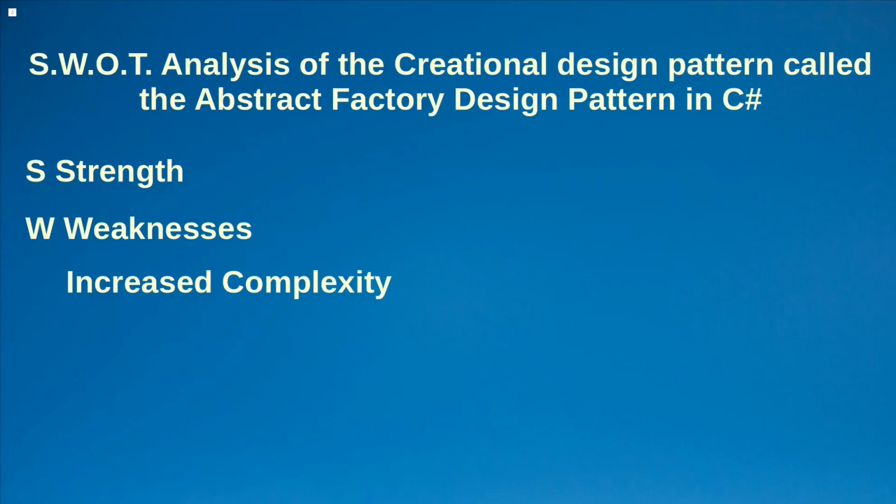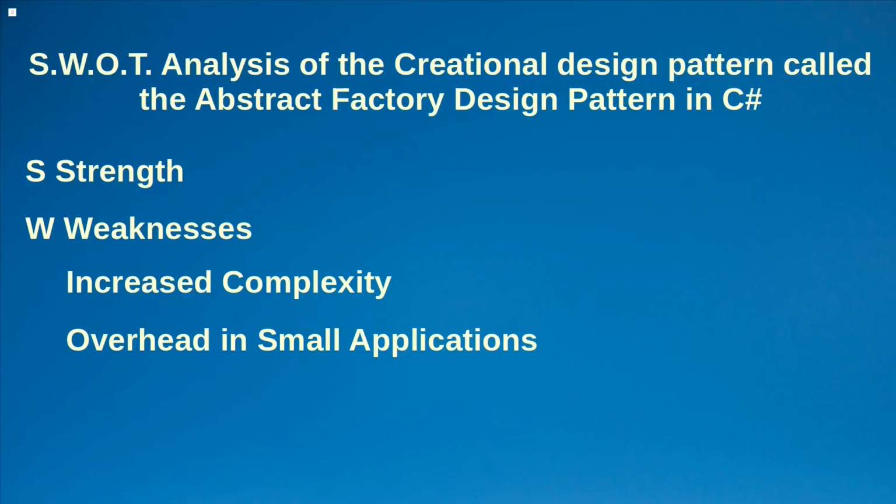Implementing the abstract factory pattern introduces classes and interfaces, which can make the code base more complex and harder to understand for developers unfamiliar with the pattern. Overhead in small applications. For smaller or less complex applications, the abstract factory pattern might be overkill, introducing unnecessary complexity without significant benefits.